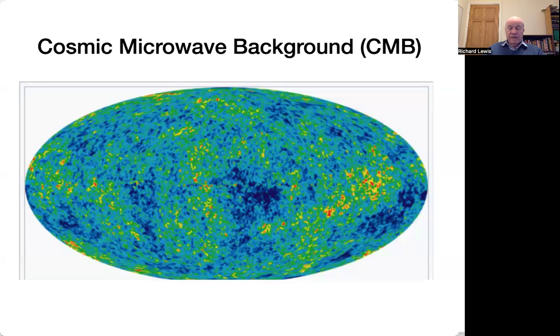And this is a plot of the cosmic microwave background radiation, showing subtle variations in the radiation at different places in the sky. And you can see this looks not unlike a galaxy field.